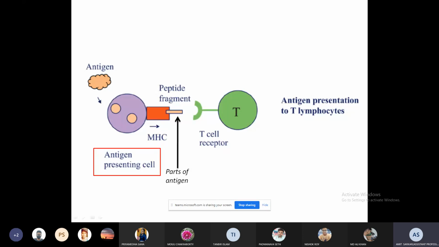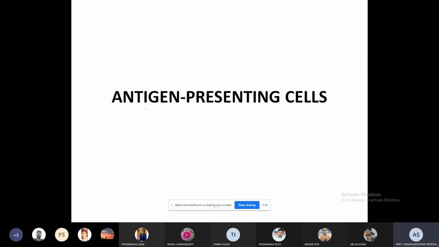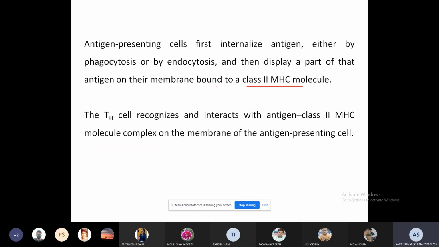Maybe I mentioned it or maybe I didn't. I will do that later. So two types of MHC molecules are there, class 1 and class 2. So the antigen presenting cell first internalizes the antigen by phagocytosis, then displays a part of that antigen on its membrane bound to the class 2 MHC molecule. Then who is recognizing? If you are talking about class 2, then you cannot just say T cell.